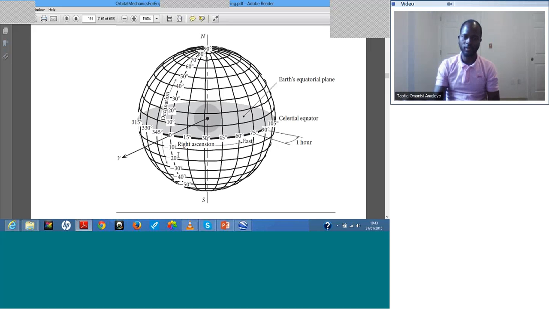When you're talking about the right ascension, you are just talking about the longitudinal distance, in degrees. Sorry, it's usually measured in hours and minutes from the vernal equinox line.